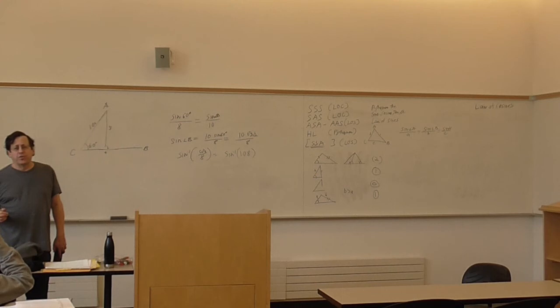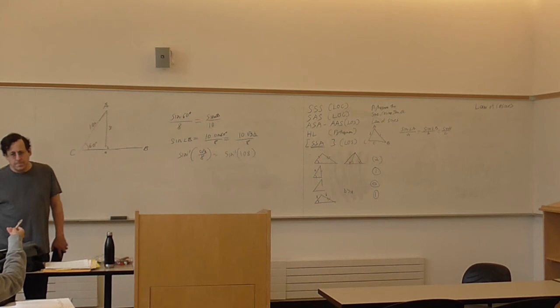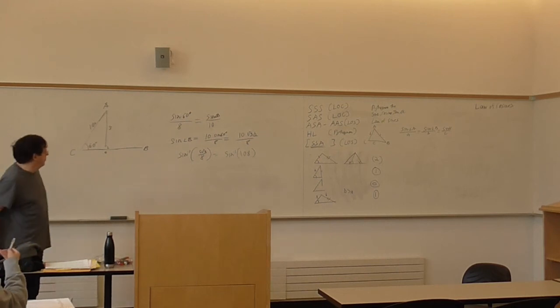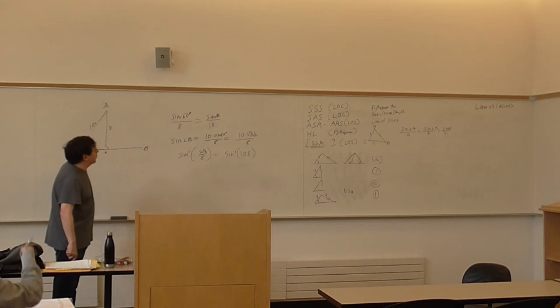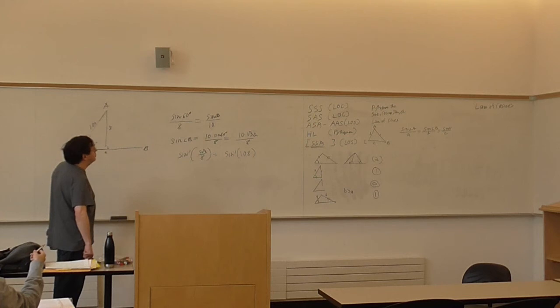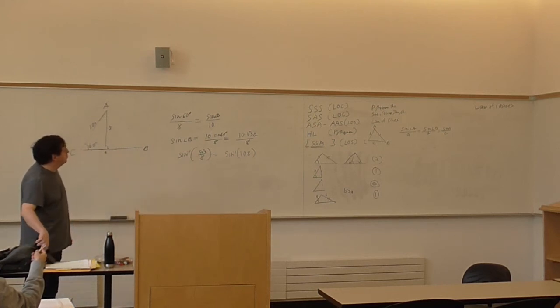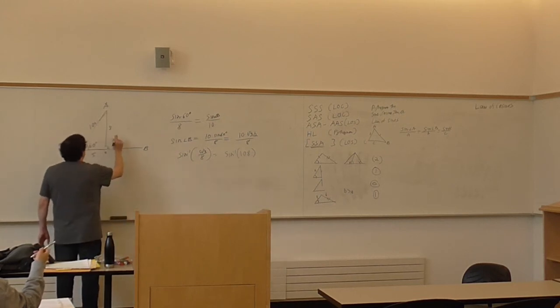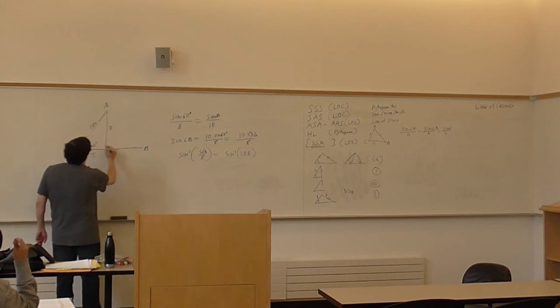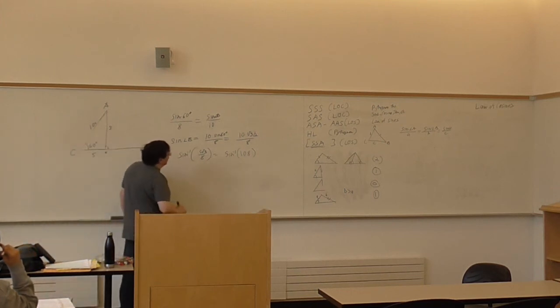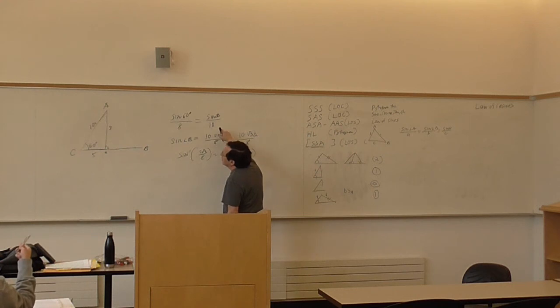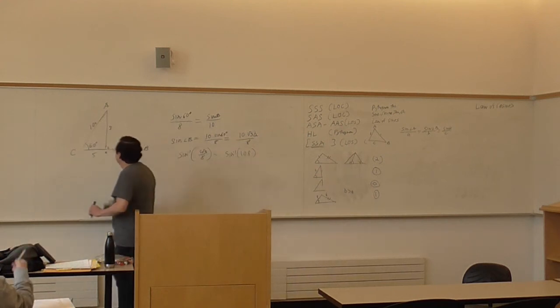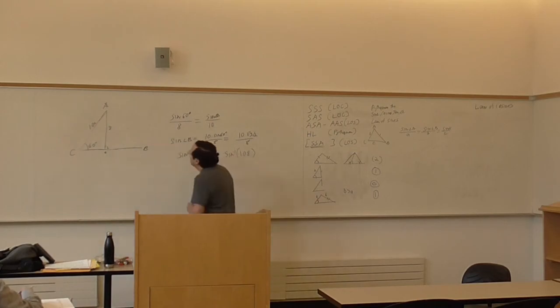We've solved triangles. Yes? It gives the same result, but I just want to say that it's 5 times over 4. I'm sorry? It's over 4, not over 8, on the last bottom part. I want to find my error.